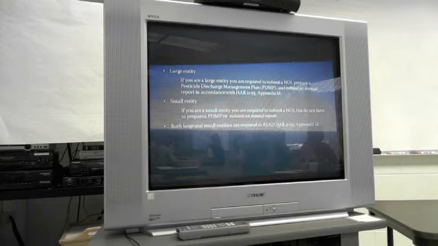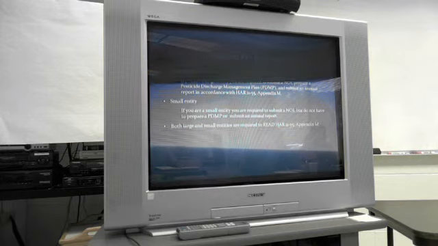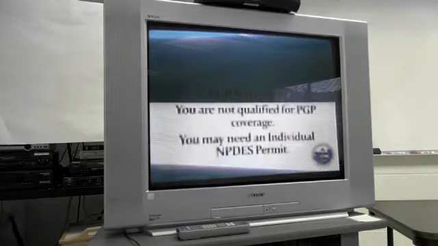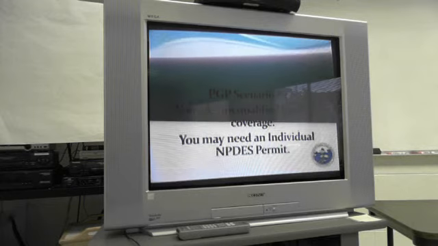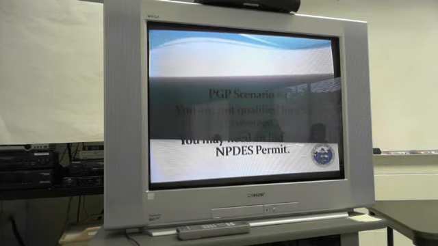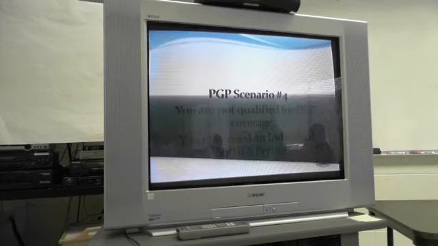Now we are going to cover the last scenario, PGP scenario number 4. You are not qualified for PGP coverage, and you may need an individual NPDES permit.